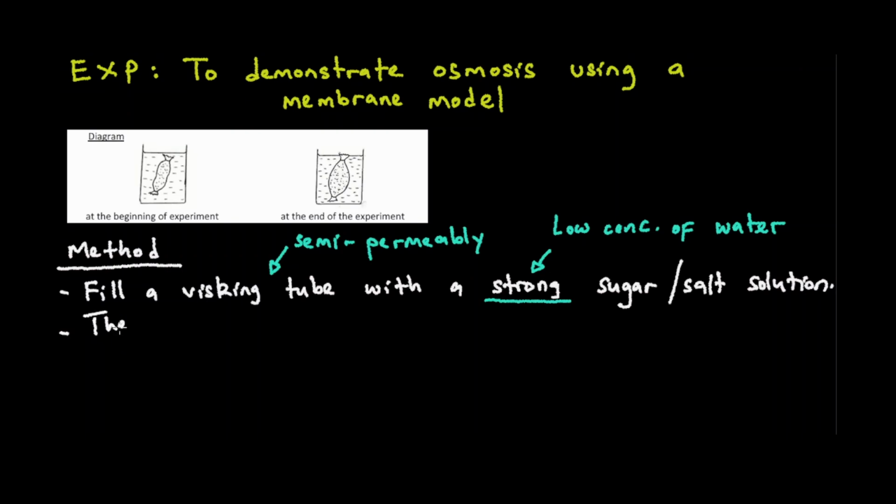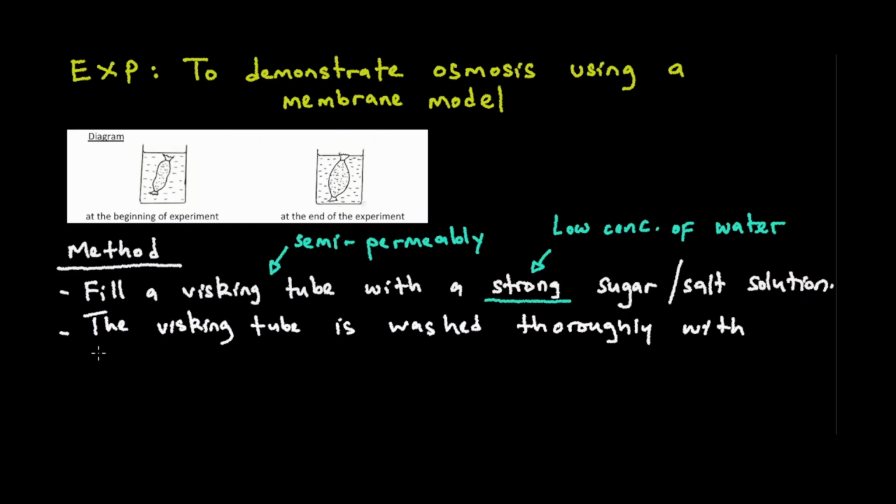Saka, the whisking tube is washed thoroughly with distilled water, dried, and then weighed. So this is what we ought to do.